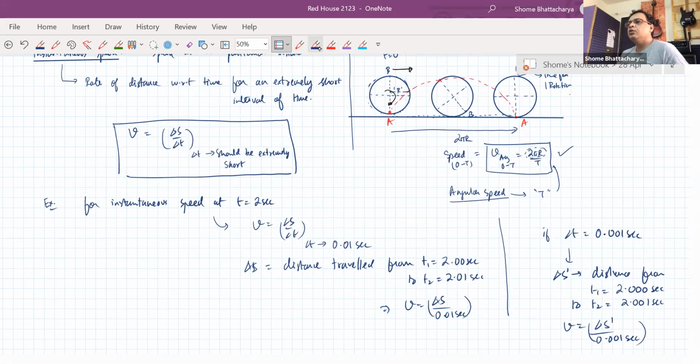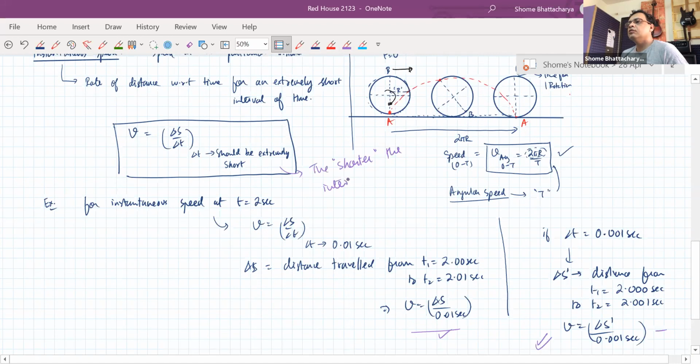If we compare the two calculations, this one is more accurate, because the interval of time taken is even shorter. So when we say this is the definition of instantaneous speed, what we can say is that the shorter the interval of time, the more accurate the measurement.